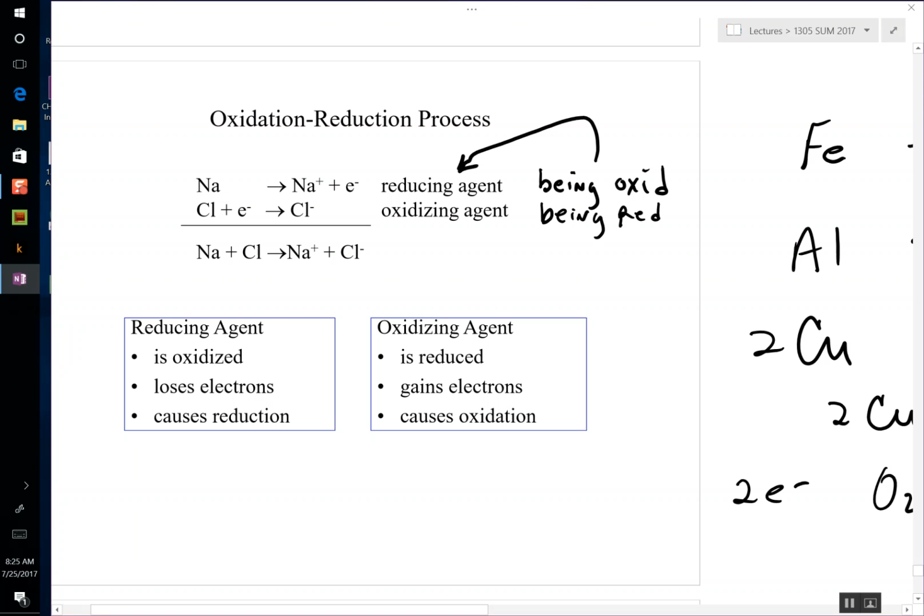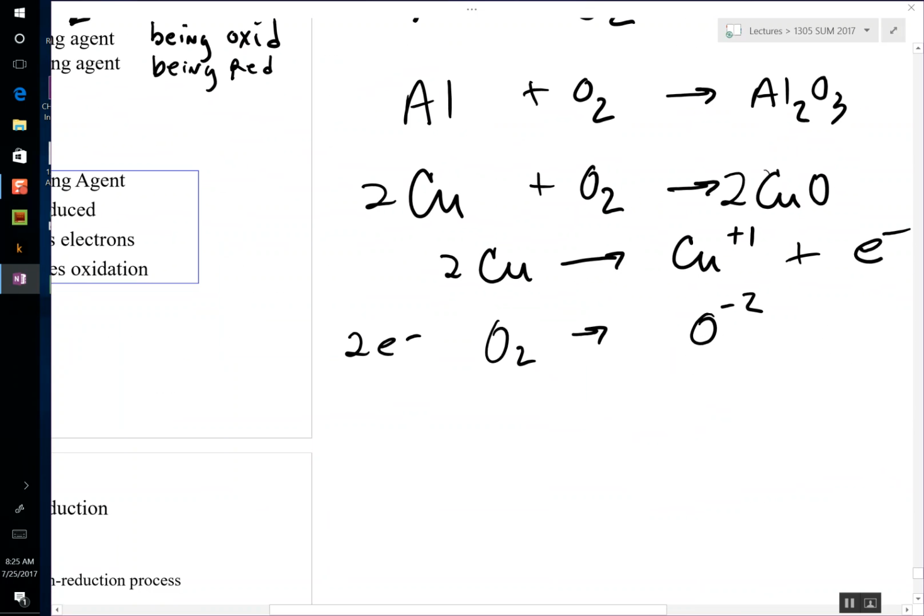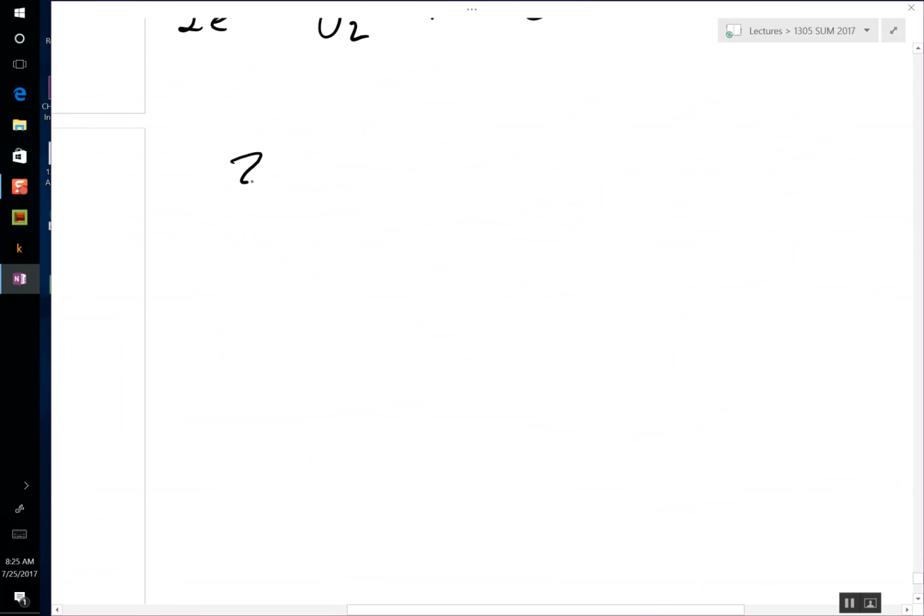Your car battery, I think lead and zinc in there, is actually going off of something like this. I'm just going to take a guess here. Lead sulfate. This has a 0 charge. This has a +2 charge.